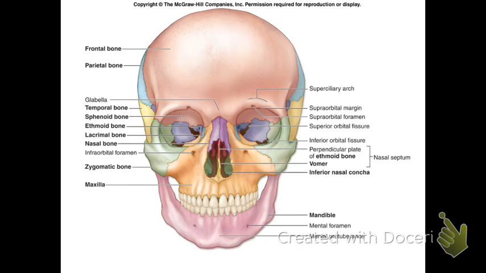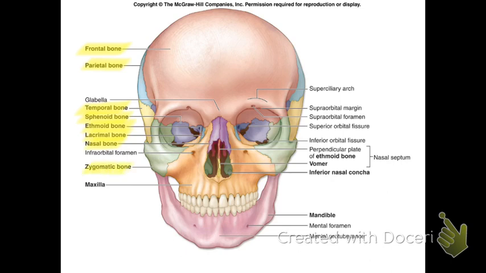And what I want you to do is use that highlighter to label the bones. Notice that in this picture, there are a number of structures, but the bolded terms are the bones. So the frontal bone, the parietal bone, the temporal bone, the sphenoid bone, the ethmoid bone, the lacrimal bone, the nasal bone.